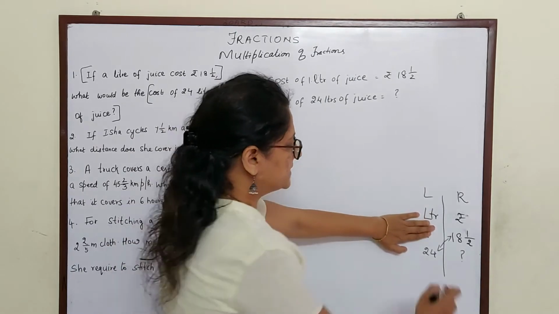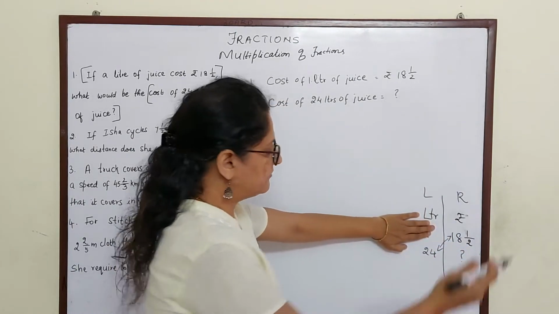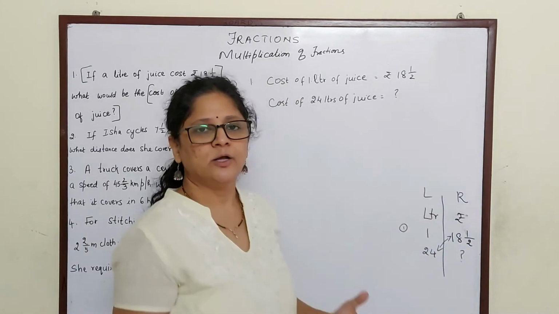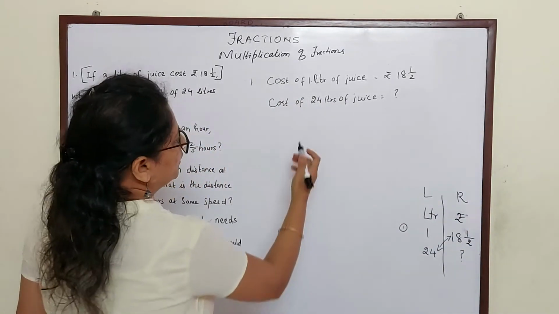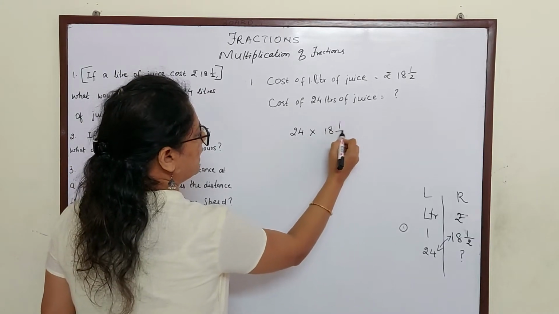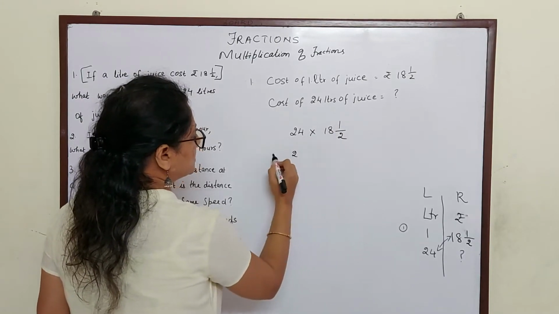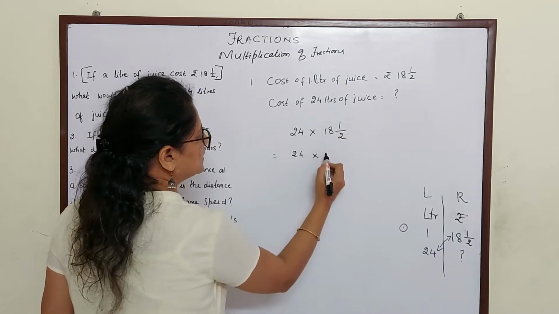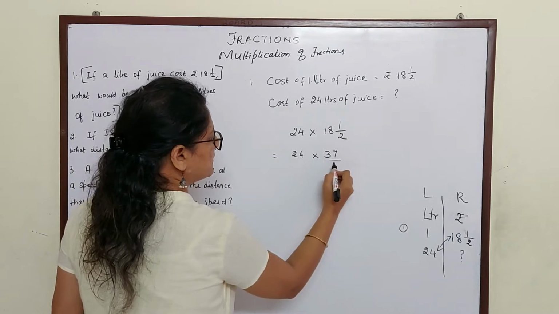Hide 1 and see where the numbers are placed. If one number is in the left hand side and one number is in the right hand side, you multiply. So 24 multiplied by 18 and a half. Our job is first to convert the mixed fraction. 18 2s are 36, 36 plus 1, 37 by 2.